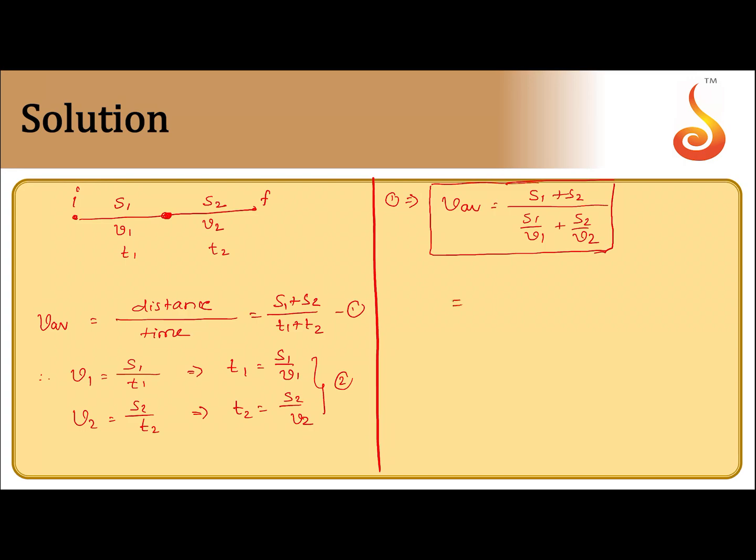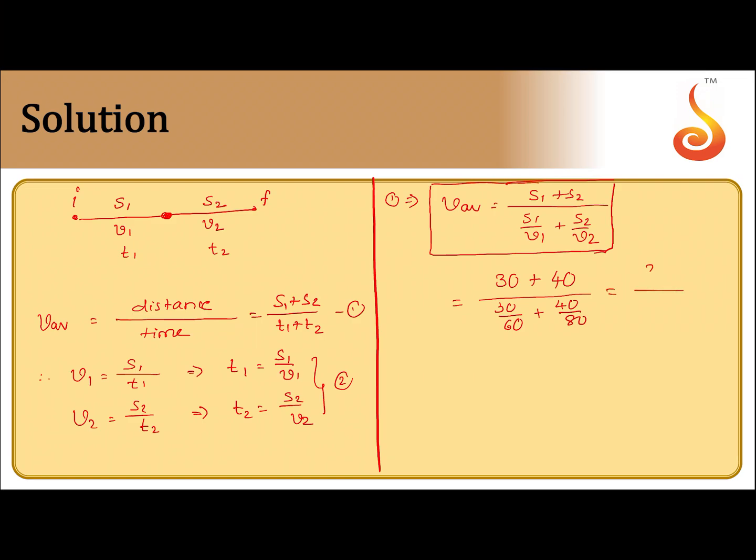Now let us substitute for this. S1 plus S2, 30 plus 40. S1 by V1. What is S1? 30 divided by V1, 60, plus S2, 40, V2, 80.